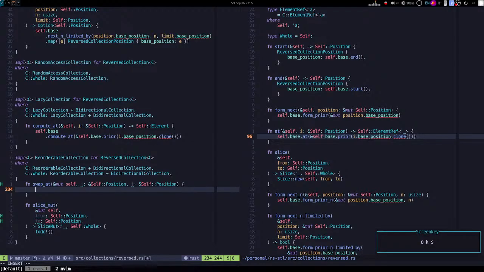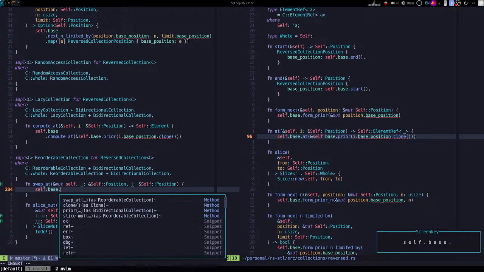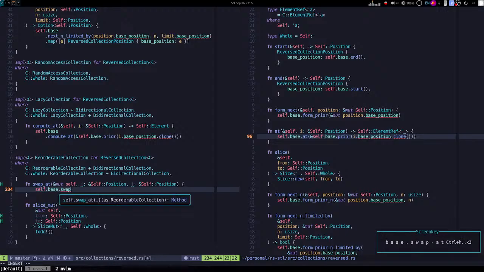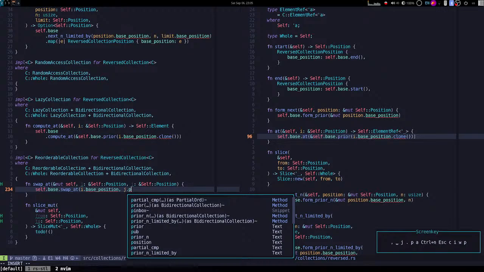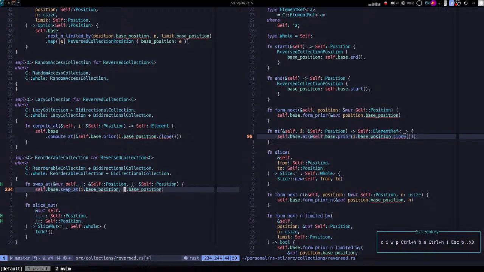For this one, you basically swap at i dot base position, j dot base position, and you take the references of both things, right? So yeah, that is good enough.